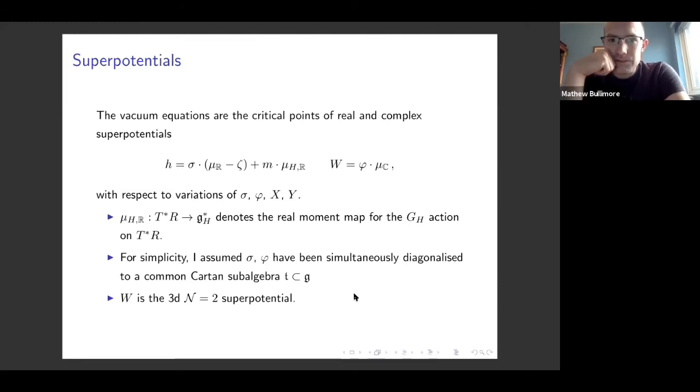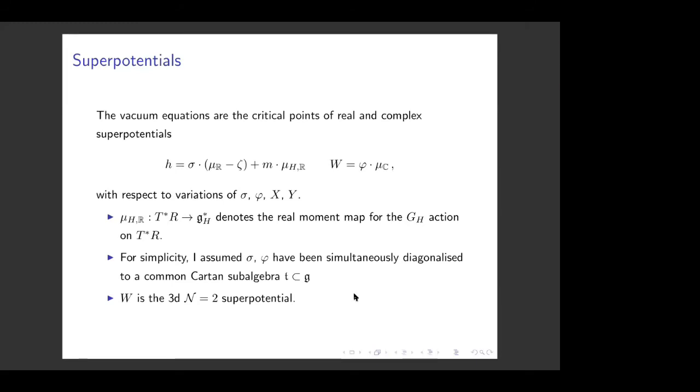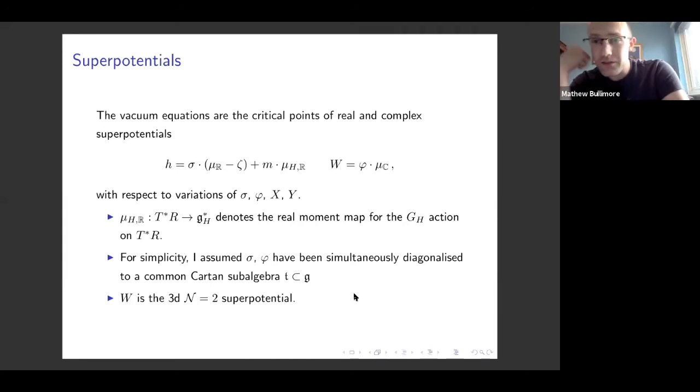It seems difficult to do so. I don't think you can write them in a way that's SU(2) Higgs times SU(2) Coulomb covariant. That might be another way to answer the question. So I don't think so, no.